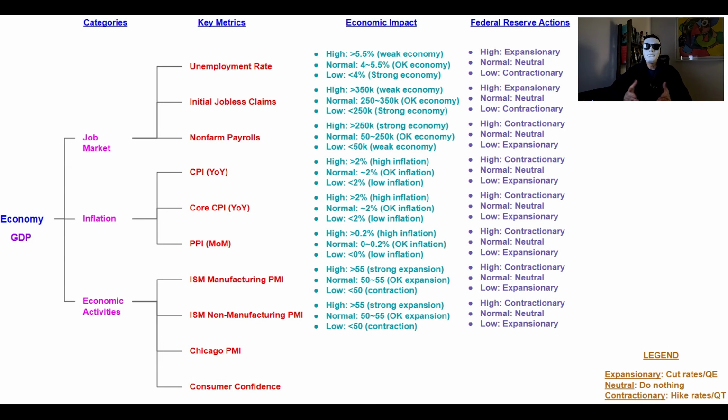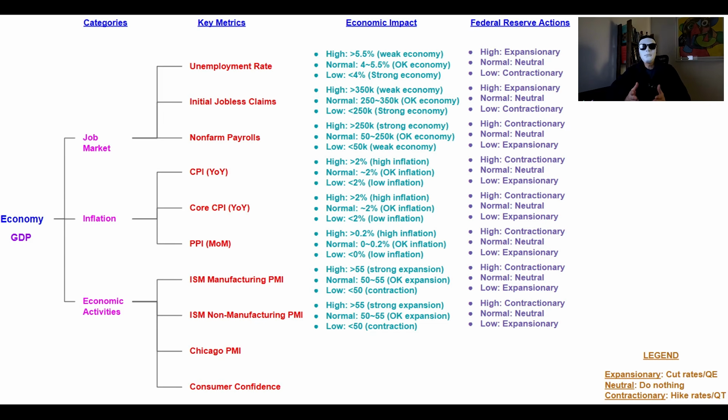Okay, moving on to Chicago PMI. Now, while this metric is very similar to the manufacturing PMI, this metric focuses on the activities in the Midwest region. Now, the reason we look at this is because, number one, Chicago is a manufacturing hub in the US, which many companies supply products nationwide. And number two, historically, Chicago PMI has been acting as a leading indicator for the nationwide manufacturing PMI.